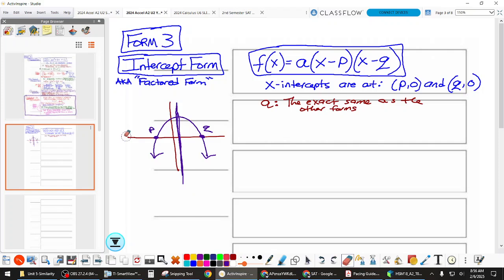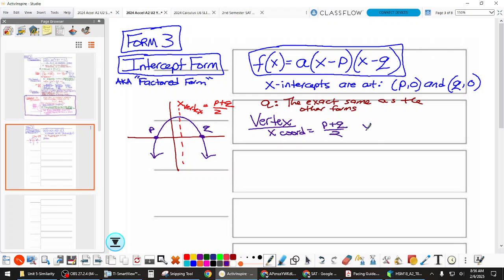So I think I'll leave this up here actually. x vertex equals P plus Q over 2. I'll write it as a note, but then you have a picture if you're following along. The x-coordinate is P plus Q over 2.